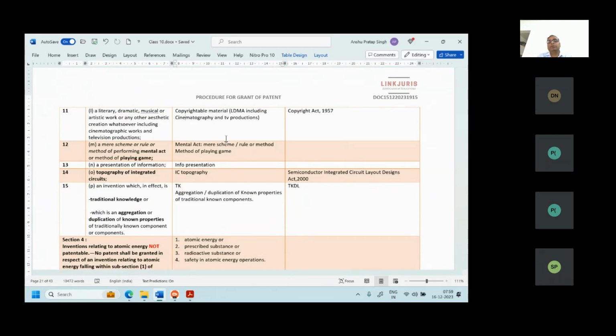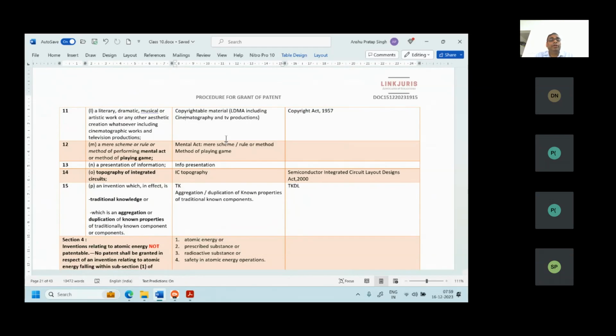It's the easiest IP to acquire. The moment you write something down, you get it. It does not have to be a literary work. Even if you present your ironing account in a lyrical way, they will consider it copyrightable material, not a problem.